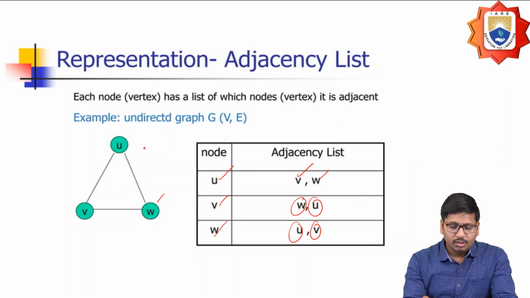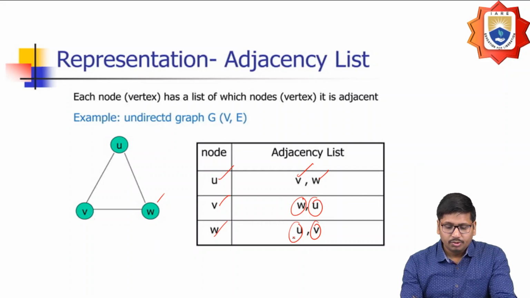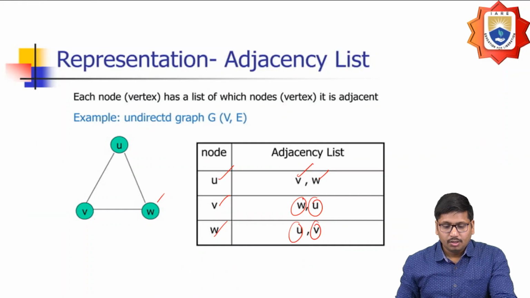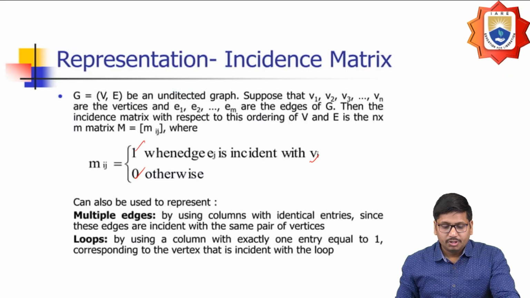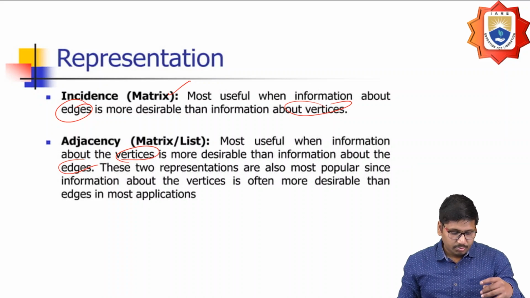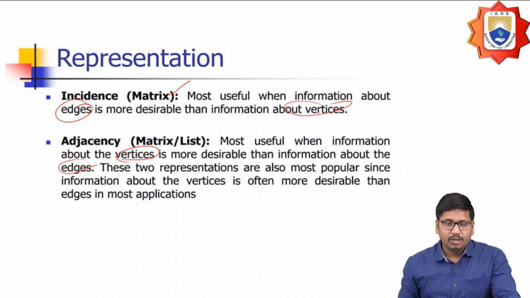So here, how do we consider U, V, W? The adjacency list is nothing but the adjacent vertices that are connected to the vertex. So these are some of the different representations of a graph. Normally, a graph can be represented in three ways. The first one is the incidence matrix, which has more information about the edges.